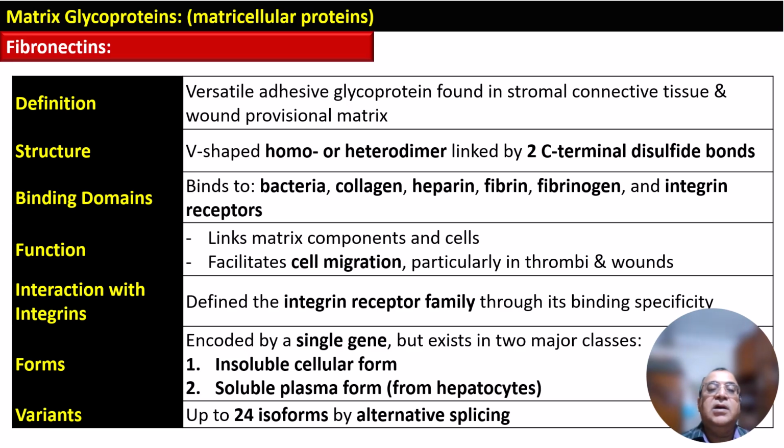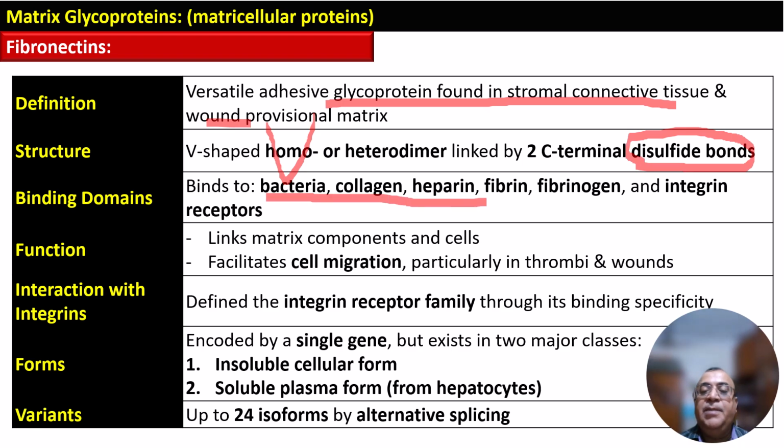Fibronectin is a matricellular adhesive glycoprotein, and it is a versatile adhesive glycoprotein that is found in the stromal connective tissue and wound provisional matrix. It is a V-shaped homo or heterodimer that is linked by two C-terminal disulfide bonds. Its interactions are with bacteria, collagen, heparin, fibrin, fibrinogen, and integrin.